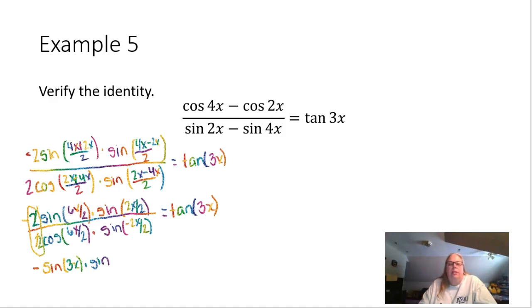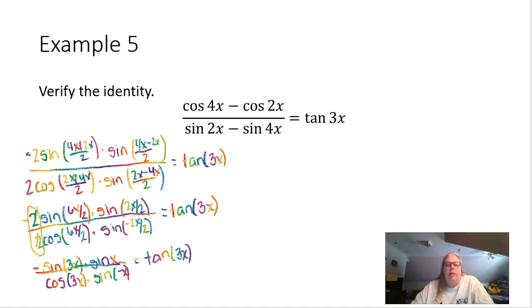Now I have 2x over 2. That just simplifies into x. And on the bottom, we have the cosine. Again, 6x divided by 2 is going to be 3x times the sine. Negative 2 divided by 2 is just going to give me a negative x. And we want this to be equal to the tangent of 3x.